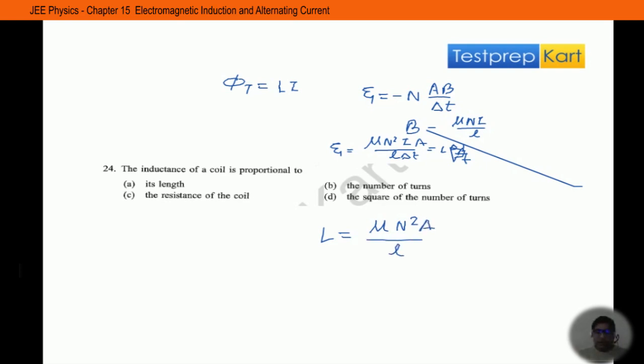From this expression it is clear that it is proportional to the square of the number of turns, inversely proportional to its length, and directly proportional to its cross-sectional area. But in this option the only favorable option is the square of the number of turns. So L is proportional to N².